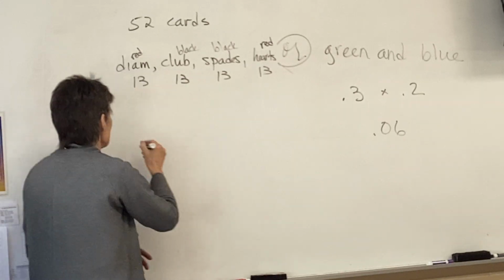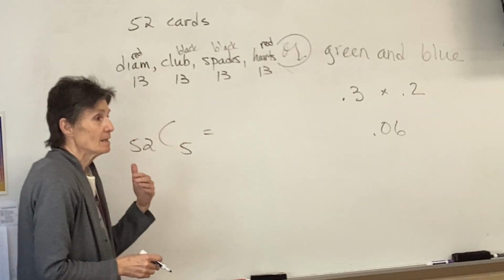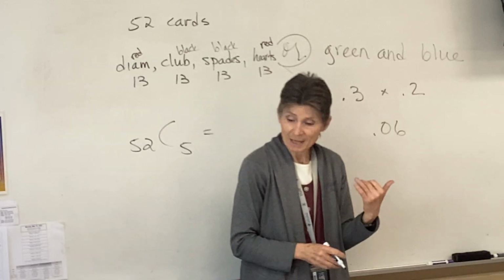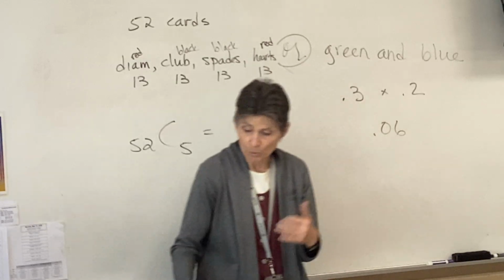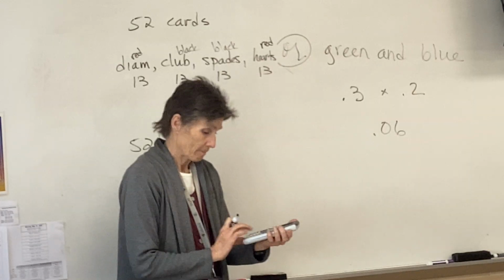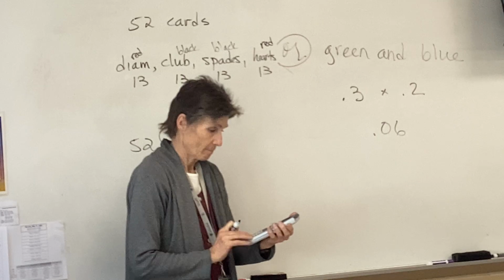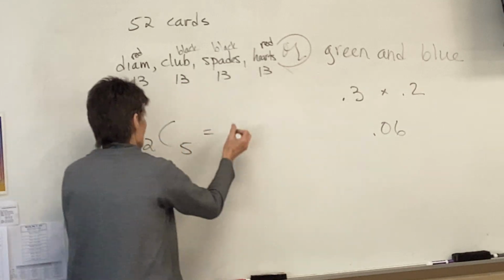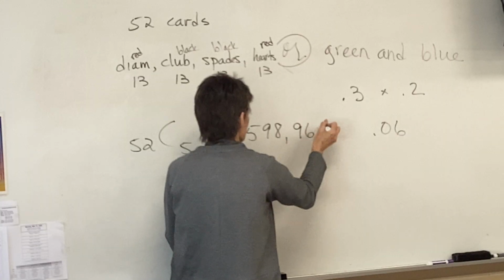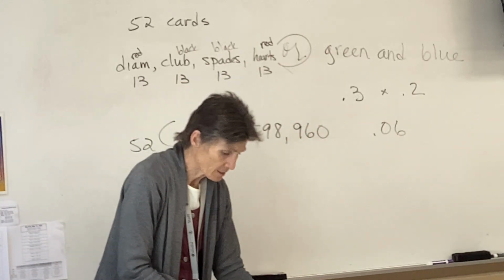No. 52C5. That's how many hands are possible. Now, when you type that in on your calculator, you're going to get a very large number.